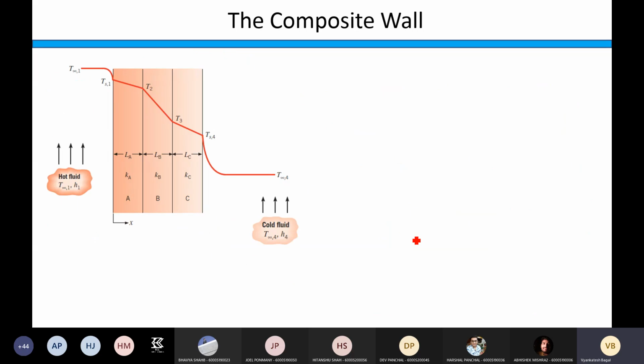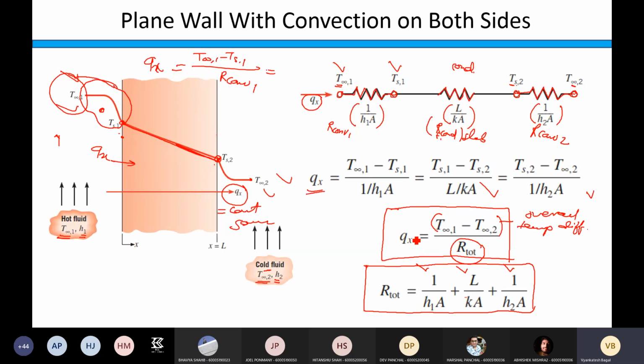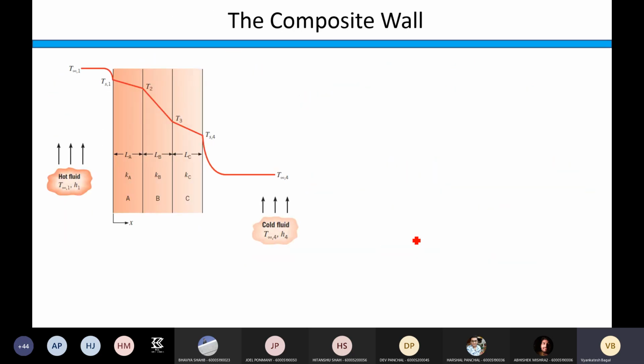Now look at this composite wall. Now we have increased the complication further. Before, we had convection plus only one slab. Now we have convection on both sides plus three parts of the slab. Composite wall means that there are three walls connected together.